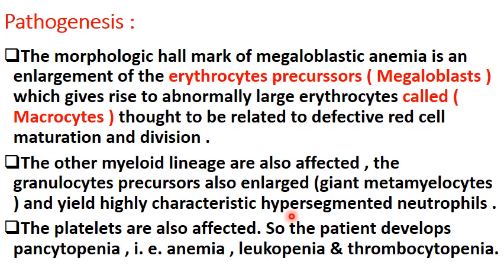The hypersegmented neutrophil is a characteristic feature of megaloblastic anemia in the peripheral blood film. The platelet precursor, the megakaryocyte, also appears giant. The patient might also develop pancytopenia: anemia, leukopenia, and thrombocytopenia, because of ineffective production in the bone marrow, due to impairment of DNA synthesis from vitamin B12 or folate deficiency.